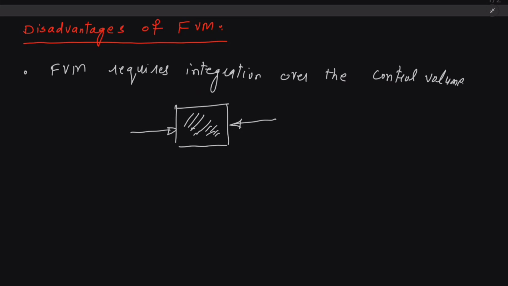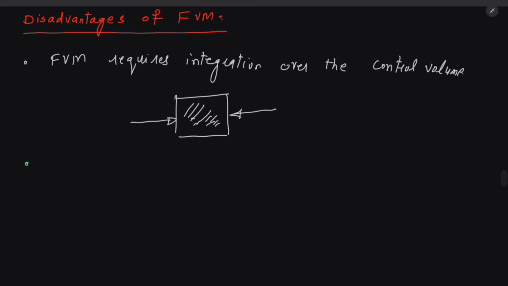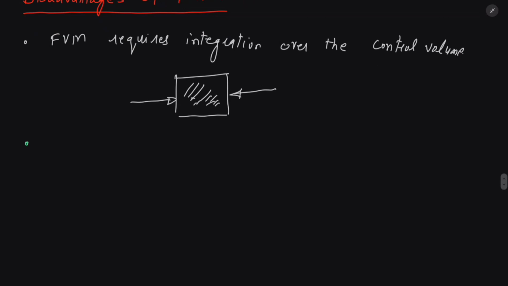Sometimes it is impossible, not impossible, but very difficult to go for higher order schemes. It is difficult to increase the order. In finite difference method, it is very easy.